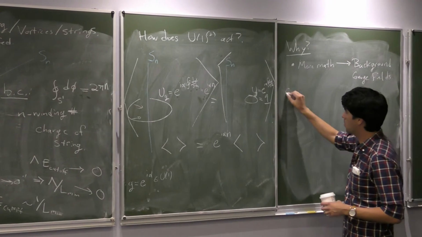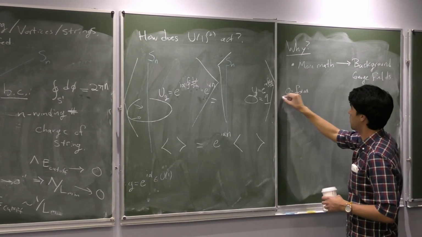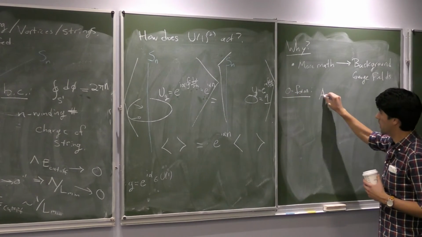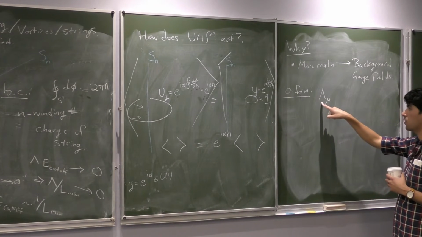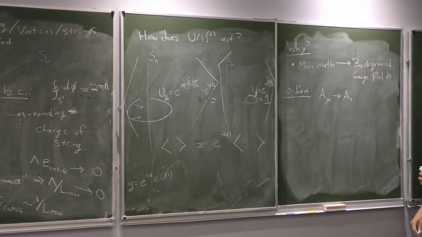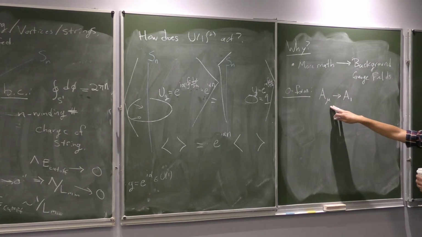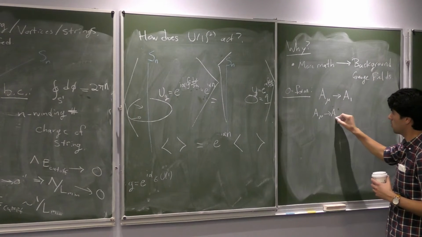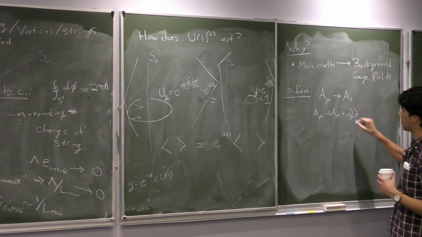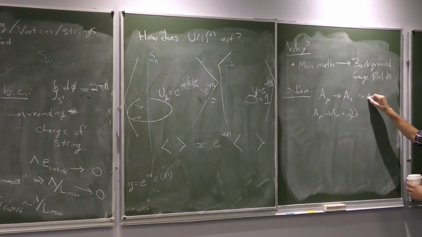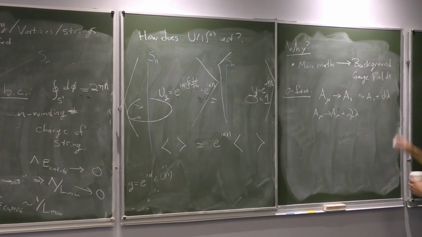So for a zero form global symmetry, that is the ordinary global symmetry, we had a gauge field, which looks like the photon, which is just a one form gauge field. And the gauge redundancy of the photon field, A mu goes to A mu plus partial mu lambda, in terms of differential forms, is A1 goes to A1 plus d lambda.